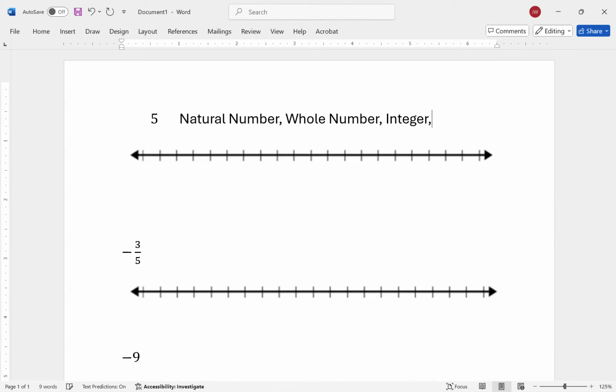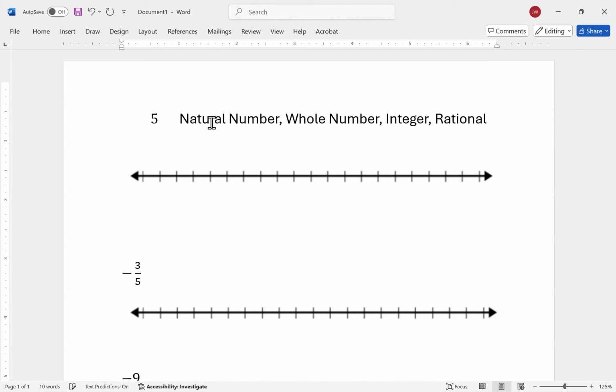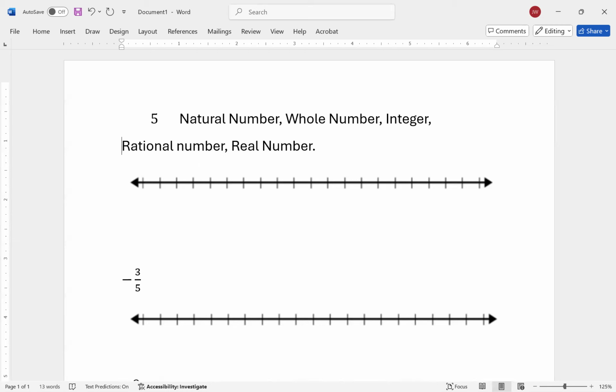It is also a rational number, and it's also a real number. We'll see later that's also complex, but so it's natural number, a whole number, an integer, a rational number, and a real number.